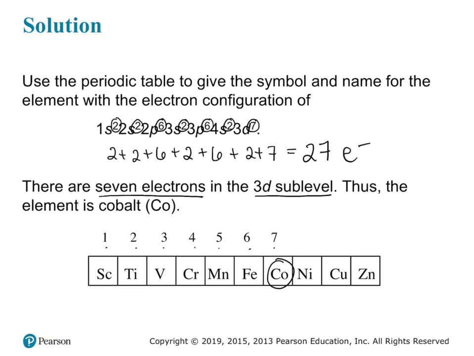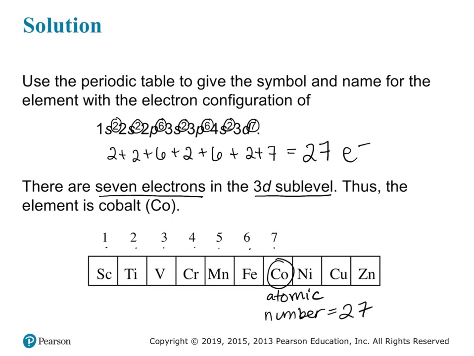So there are 27 electrons in this atom. And if it's a neutral atom, that means we also have 27 protons. And on the periodic table, cobalt has the atomic number 27. So that works out. So that's another way to figure it out too.